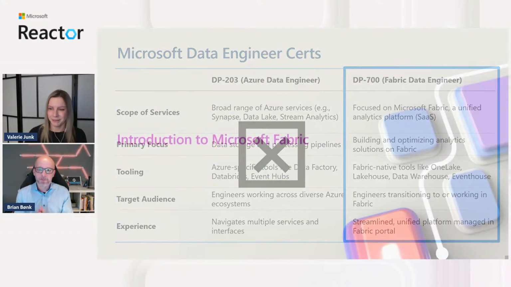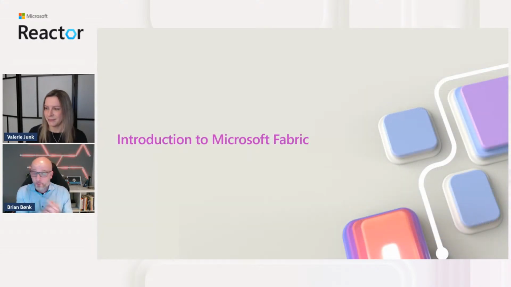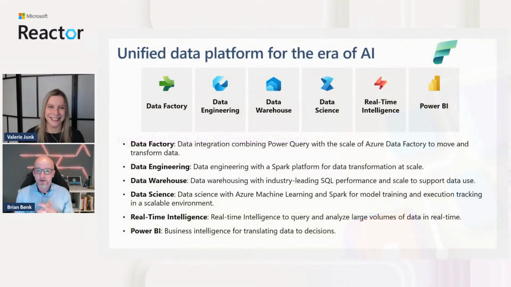Perfect. So, an introduction to Fabric. I hope most of the attendees have seen this, because Microsoft does a great job showing the next slide here, where Fabric is not one service. It's an umbrella of services, a palette of services that you get when you enable Fabric. And to enable Fabric, you just move one toggle in Power BI and boom, you have Fabric. In Fabric, you have Data Factory, where we can integrate Power Query from Power BI.